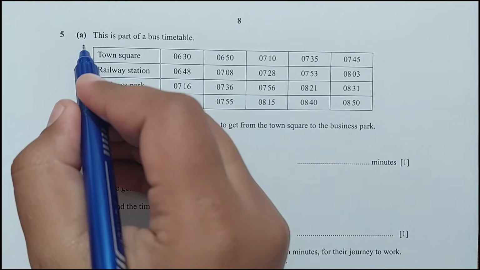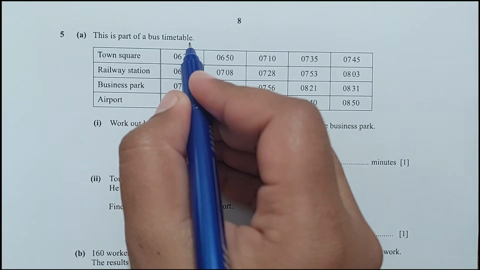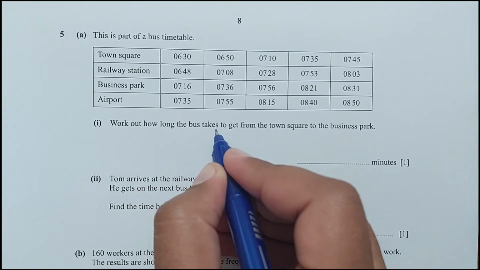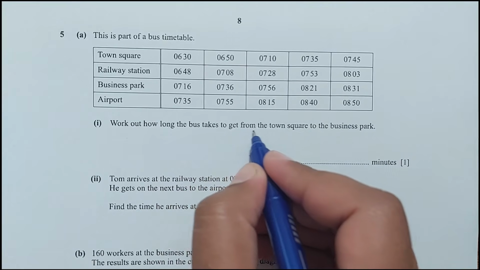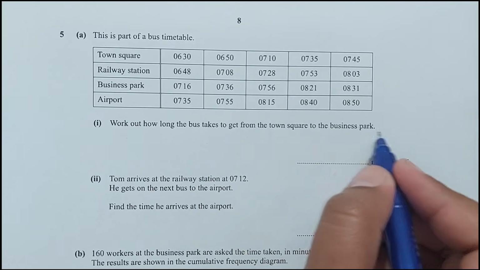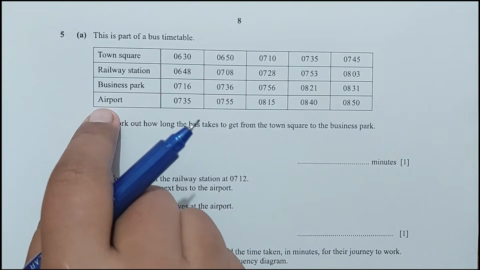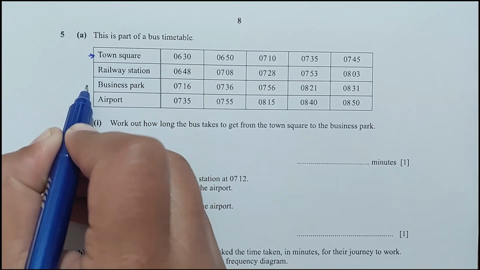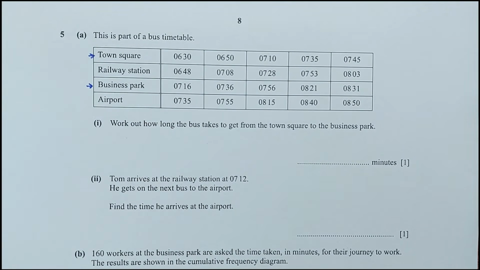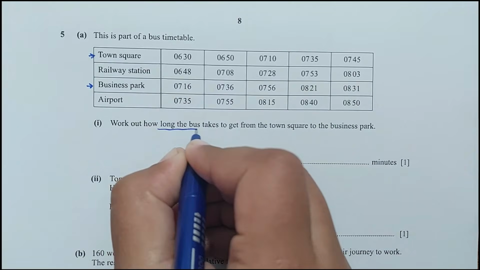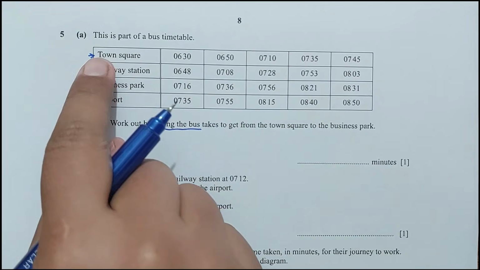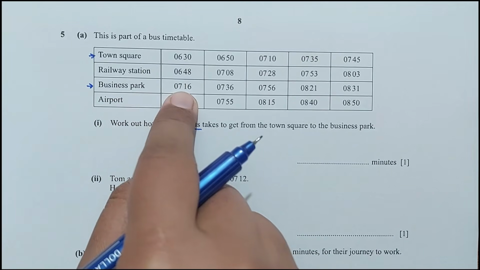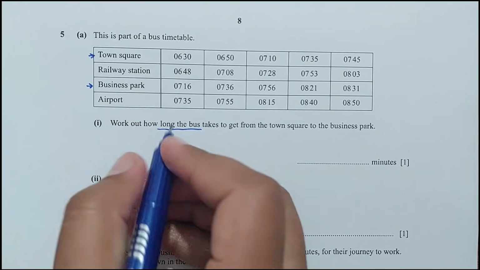Question number 5, part A. This is part of a bus timetable, right? Number 1, work out how long the bus takes to get from the town square to the business park. The bus leaves the town square at 6:30 and reaches the business park at 7:16.